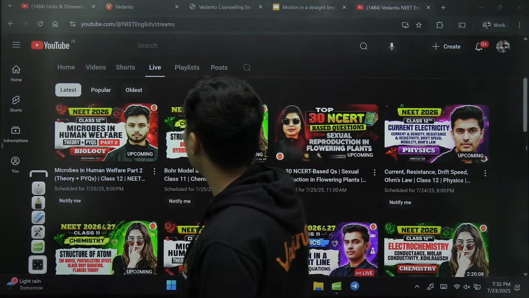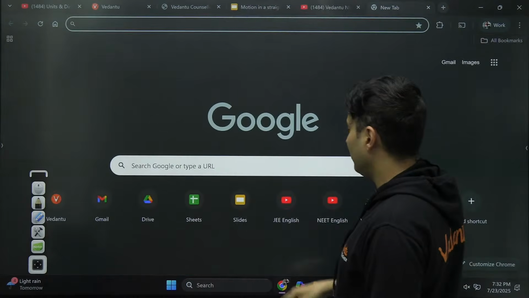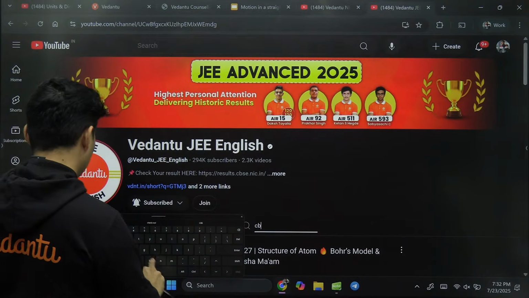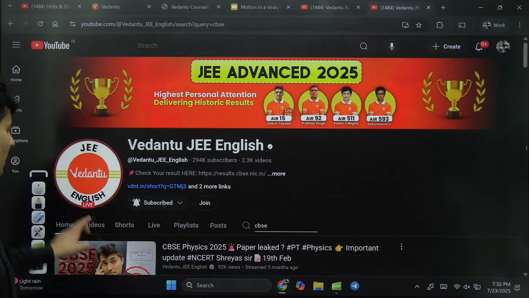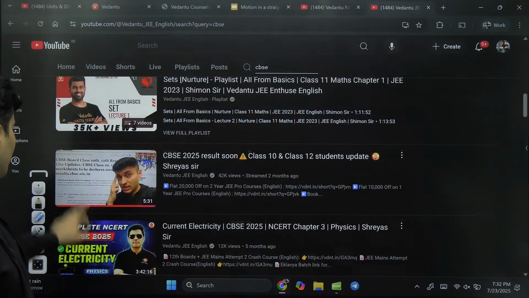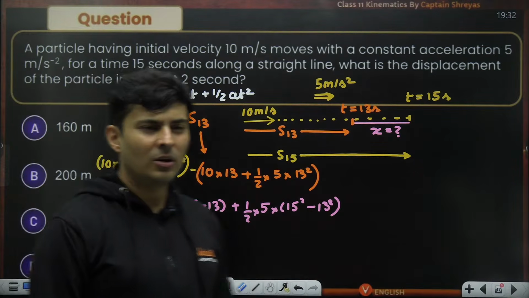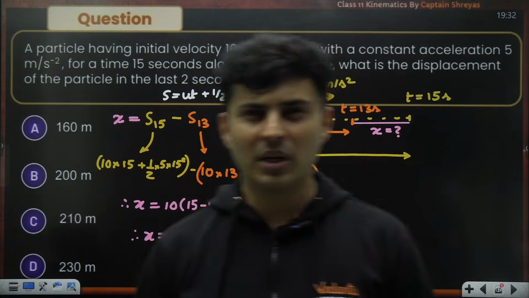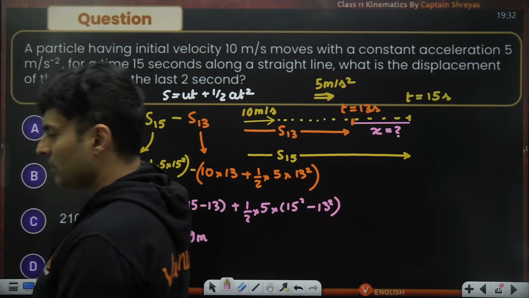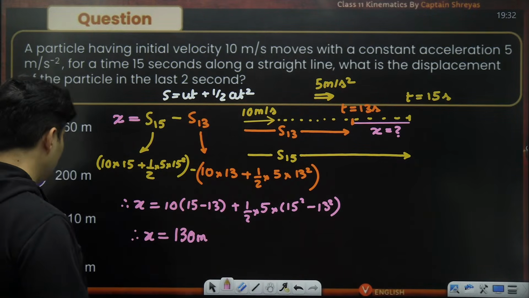PCM CBSE classes already there. You can just search on the channel, or you can just go to Vedantu JEE English channel. For boards, if you want proper theory classes, just search for CBSE. You will get it over here. Right over here. Current, electricity, P by Qs, everything you can get. But usually we concentrate on the board exams towards the end, not now, because our main primary focus is the competitive exams like NEET and JEE. It automatically carries the weightage and the load of CBSE. Okay, so if you're watching the NEET JEE classes, that is good enough.